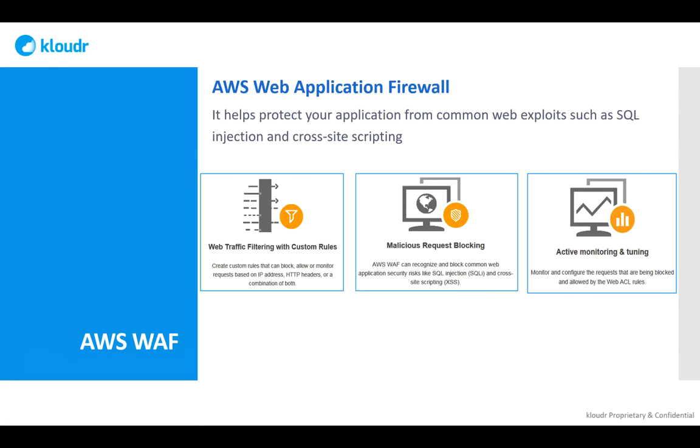So on AWS, you just go to the WAF section, configure your rules, and then apply them to your resources. With a few easy steps, you will have a WAF service implemented and blocking all traffic that includes SQL injection or cross-site scripting.